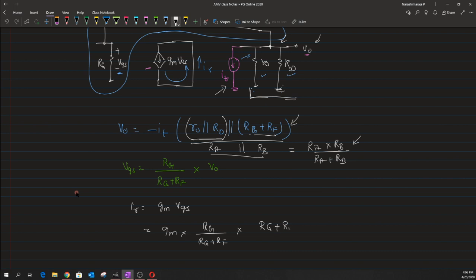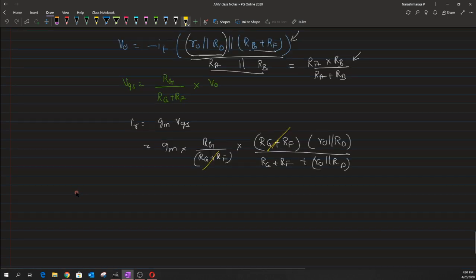We have this quantity multiplied with R naught in parallel with RD, and at the bottom we have RG plus RF plus R naught in parallel with RD. As you can see, there is a common term that one can cancel from both sides, and finally we have the multiplication of the quantity of minus IT.